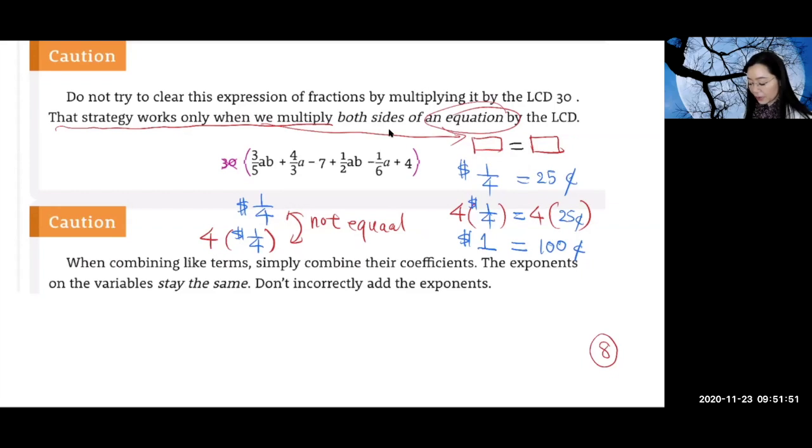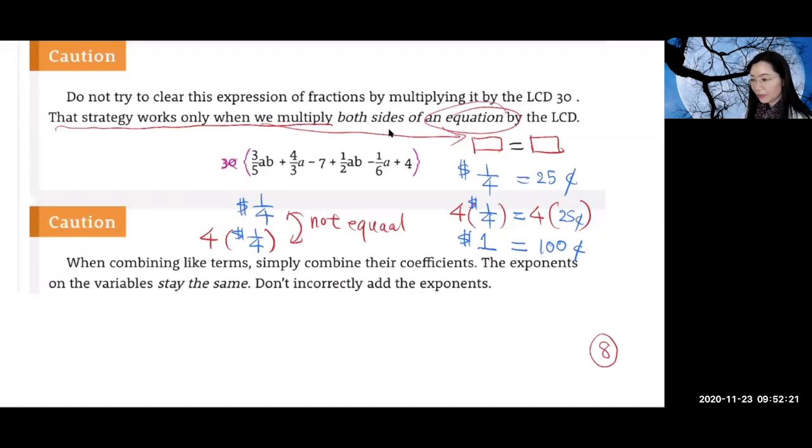So, for example, this expression is kind of similar to this, like this 1/4. If you multiply this by 4, then I get $1, which is not the same as 1/4. So it's not okay to multiply this by 4 because you're changing the value. It's a different value than the one that you start with, right?